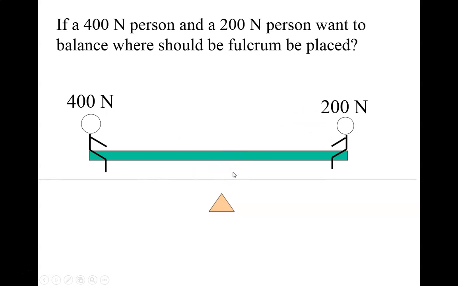And this is the game I play when I do these. So this person has twice the force, which means in order to balance, this person has got to have twice the lever arm distance. So I know that this guy over here is going to have twice the lever arm distance of whatever this is.